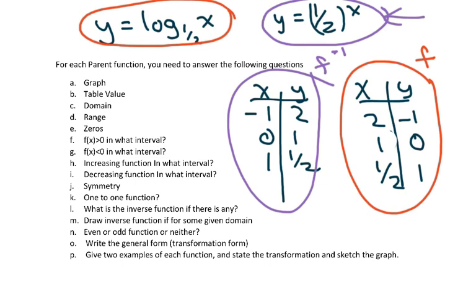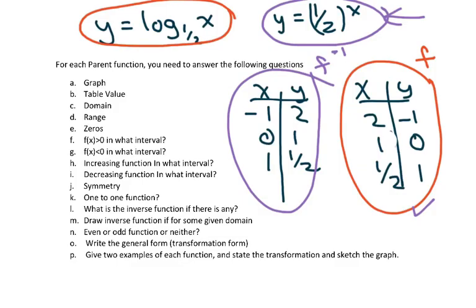So I'm going to graph this. 2 goes to -1, 1 goes to 0, and 1/2 goes to 1. So if we type in -1, we get 2, 0 goes to 1, 1 goes to 1/2.